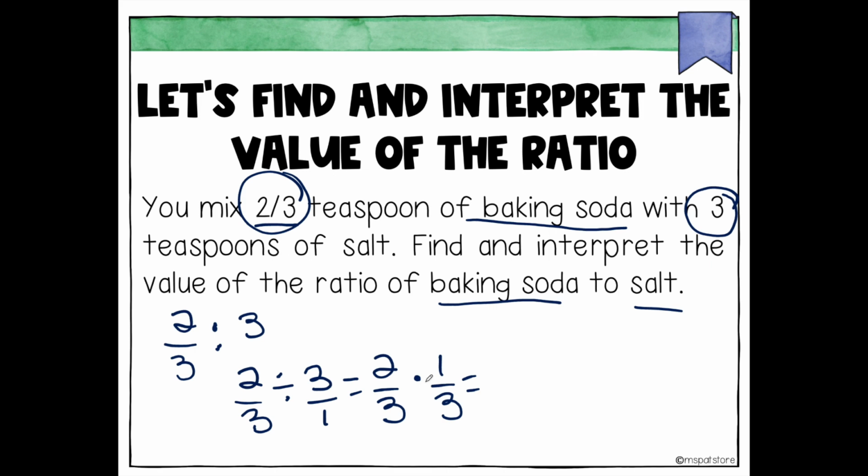Now you're ready to multiply numerator by numerator, denominator by denominator. 2 times 1 is 2, and 3 times 3 is 9. So my final answer is 2/9, which means that the amount of baking soda is 2/9 the amount of salt.